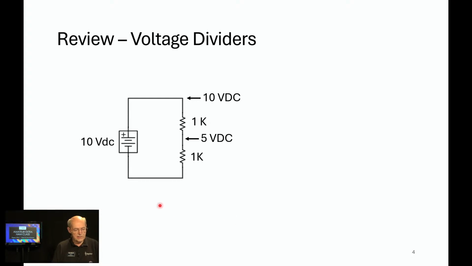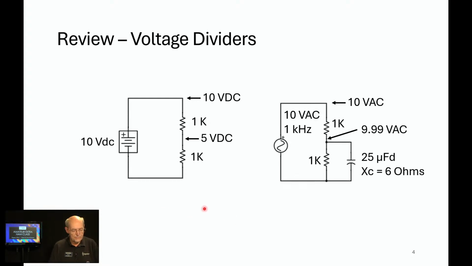Now let's consider an AC example over here. Now we're going to have 10 volts of AC. We're still going to have the 2 1K resistors, but I've added something here, a 25 microfarad capacitor. And at 1 kilohertz, the capacitive reactance is 6 ohms. So from an AC point of view, we effectively have a 1K resistor and a 6 ohm resistor in parallel with 1K, something just right at 6 ohms.